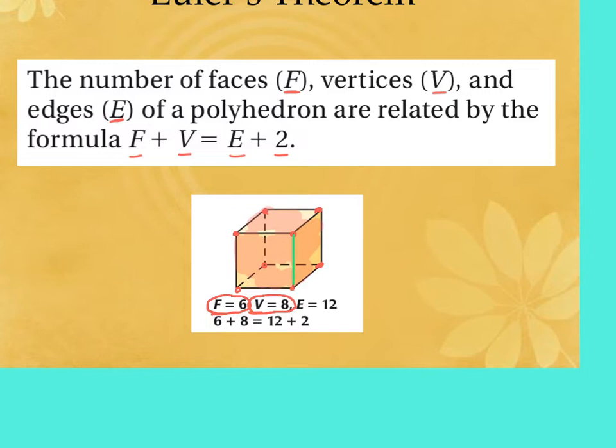The edges, 1, 2, 3, 4, 5, 6, 7, 8, 9, 10, 11, 12. 12 edges. And to check it or to prove it, we would say the faces plus the vertices equals the edges plus 2. Faces is 6, vertices is 8, edges is 12 plus 2, and I'd get 14 equals 14, which verifies we counted correctly.